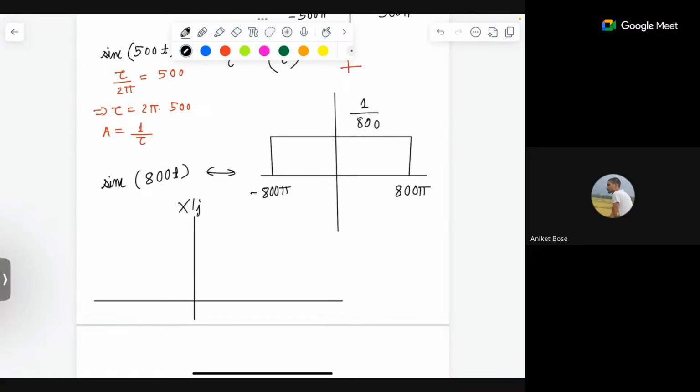This is X of j omega. This is omega. So we will get something like this.